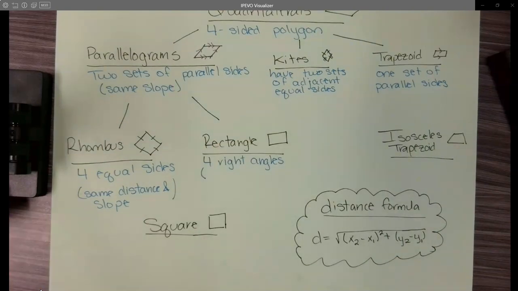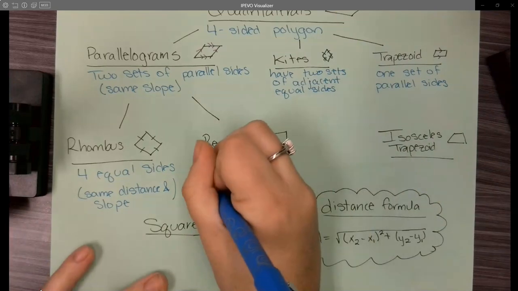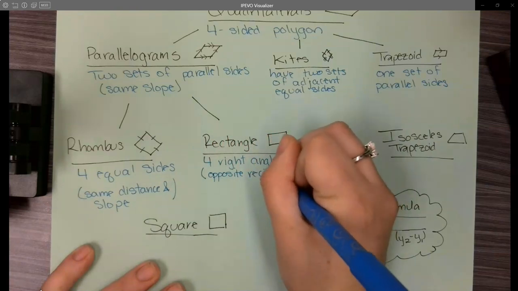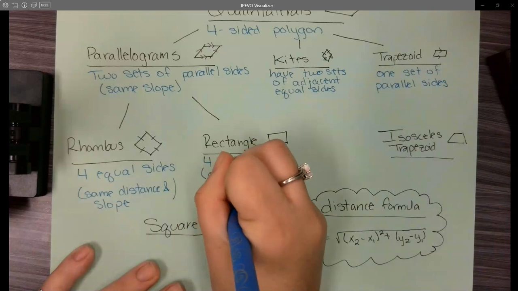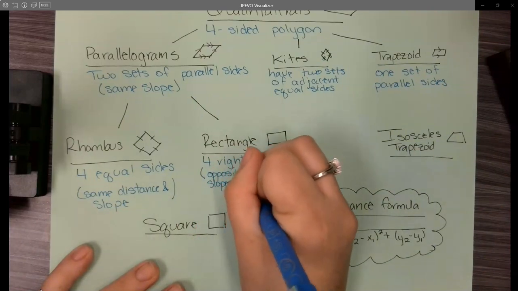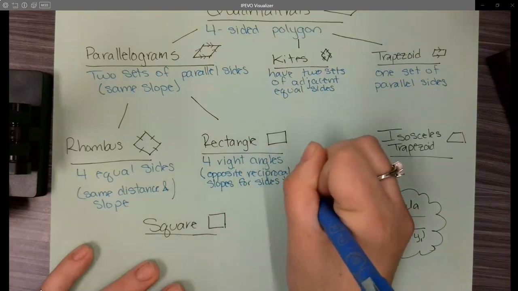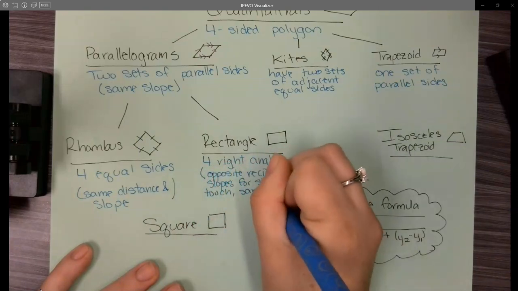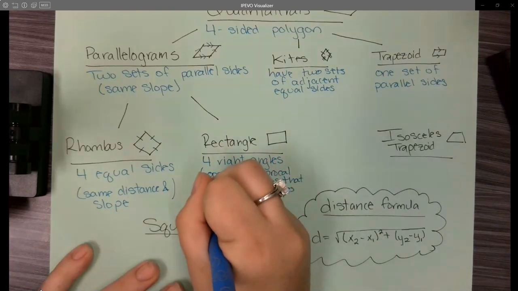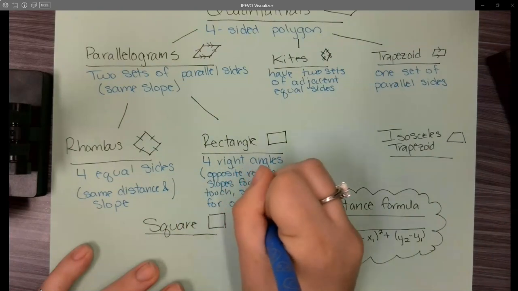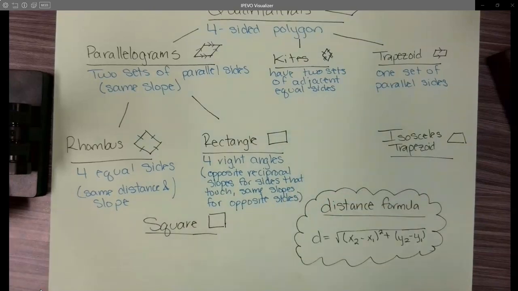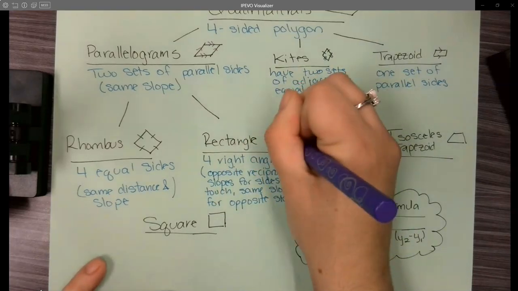If I'm proving this on a coordinate plane, I want them to have opposite reciprocal slopes where the angles meet, and then the same slopes for parallel sides. So I'm going to draw right angles on my rectangle as well.